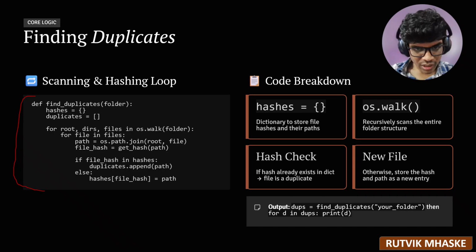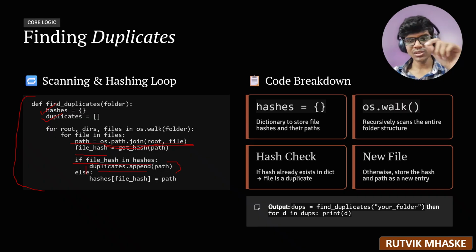Here we can call hashes, duplicates, then here we show the path, then the file hash we use, then duplicates, and if the hash is in the file, then show the path, meaning in the end all the duplicate files are printed.